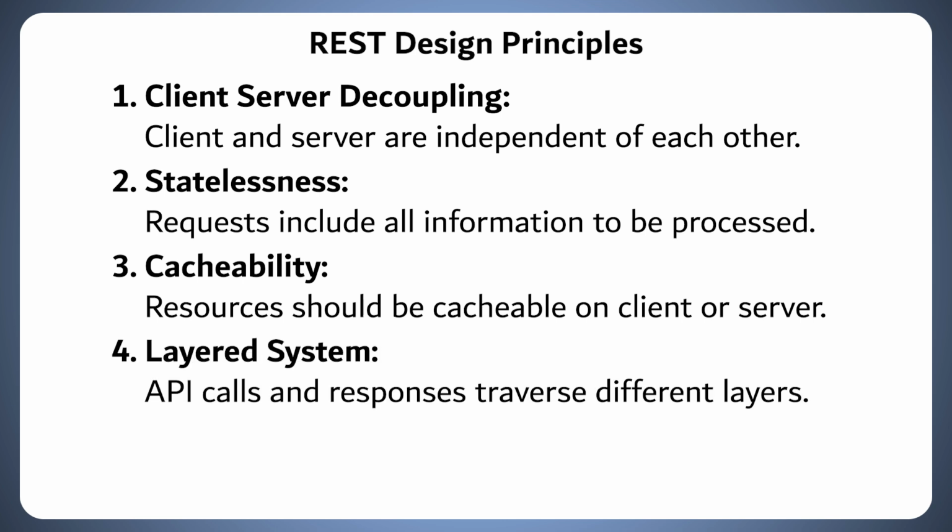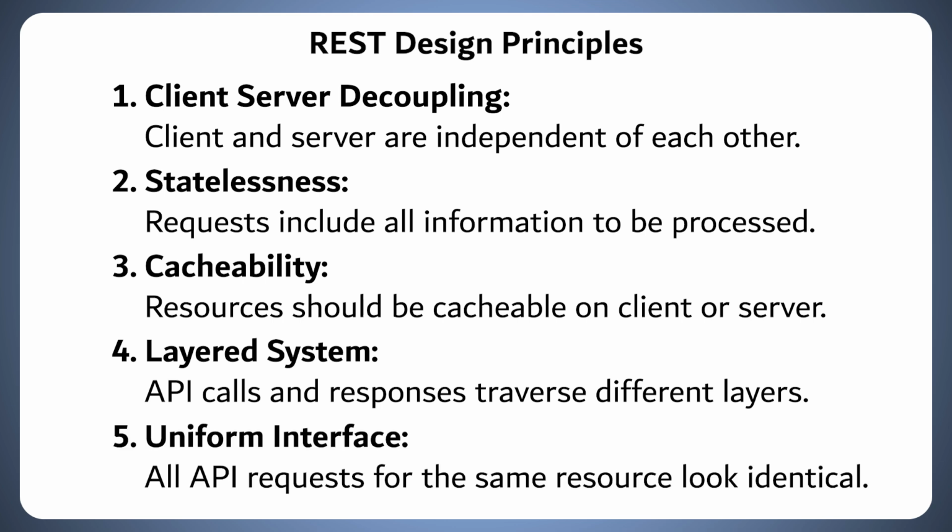The fourth principle states that the API calls traverse a layered system that could include things like a load balancing layer, a security layer, or a caching layer. The fifth and last principle states that the interface is uniform, so regardless what client is interfacing with the server, the request always looks the same.